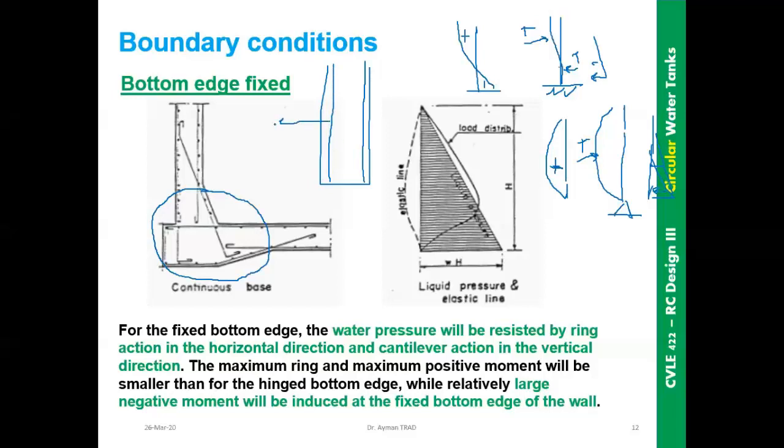So the outer reinforcement will be governed by the positive moment and by the hinged assumption, and the inner reinforcement will be governed by the negative moment coming from the fixed assumption. So please هالمعلومة كتير مهمة نحتفظ فيها because it will be needed in the application.